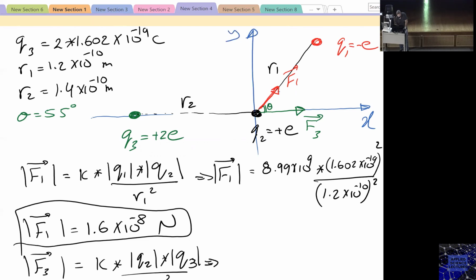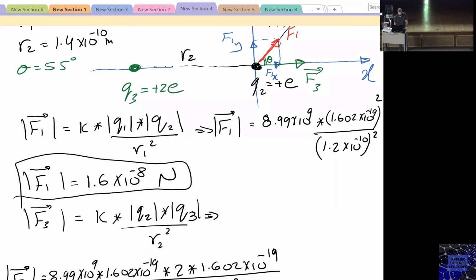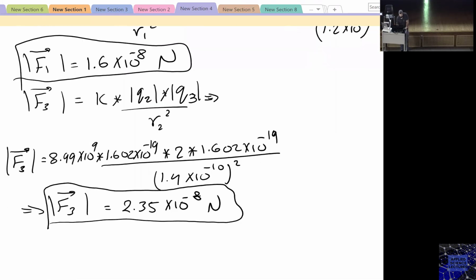So I can project F1 onto the x-axis, F1x, and I can project F1 on the Y, I'm going to call it F1y. Is that right? Now I can find F1x and F1y. F1x is F1 cosine 55.